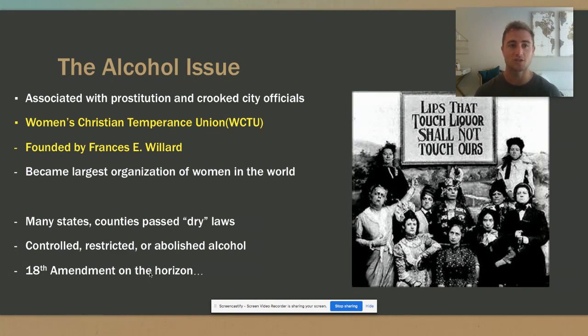And we see our Women's Christian Temperance Union, which becomes the largest organization of women in the entire world, that is going to work to defeat the production and sale and manufacture of alcohol. Many states are going to start passing dry laws that prohibit alcohol in their states. And the 18th Amendment is on the horizon.